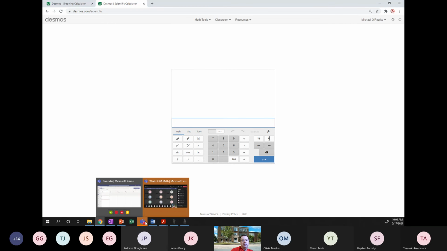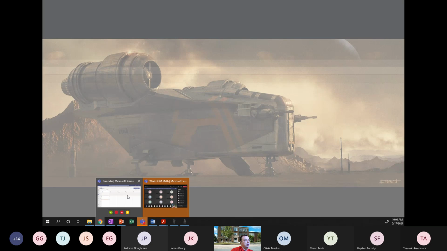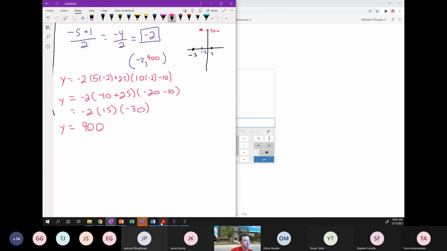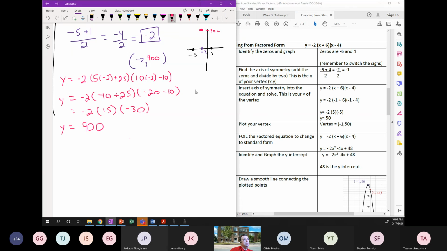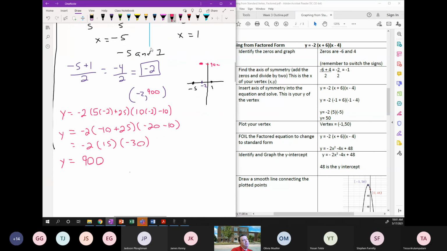Okay. So, and boom, I graphed my vertex there, -2, 900.